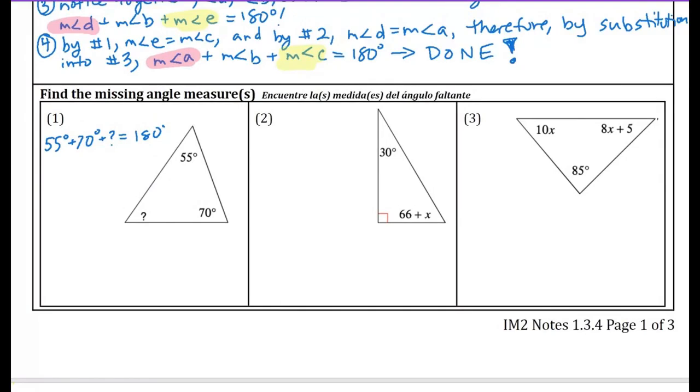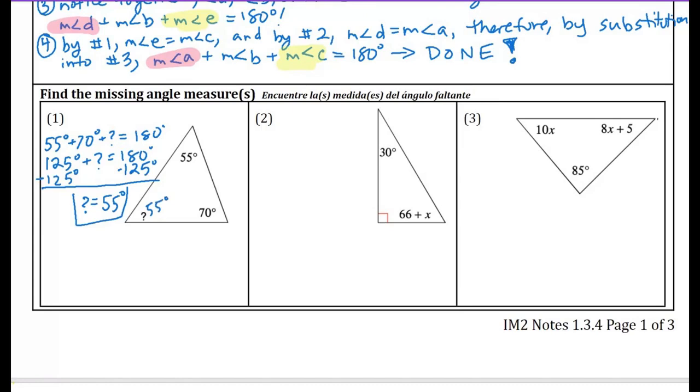Combining like terms gives me 125 degrees plus that question mark equals 180 degrees. I subtract 125 degrees from both sides, leaving me with my final result. The question mark must equal 55 degrees. This is 55 degrees.